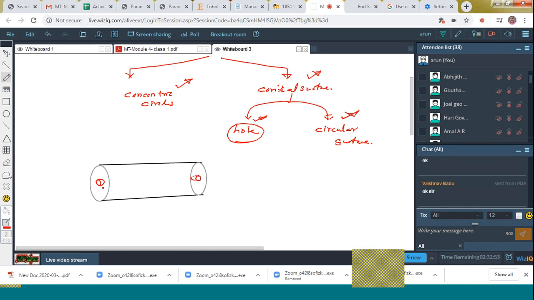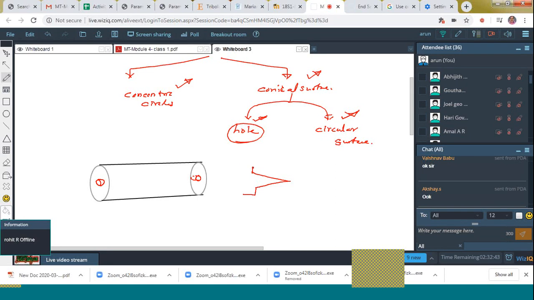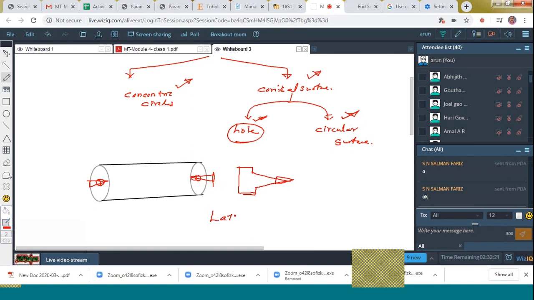And into that small hole, how are we going to locate it? Yes, with the help of conical shaped locators. This cone up to this portion will be entered into this hole and it will get arrested. Got it?